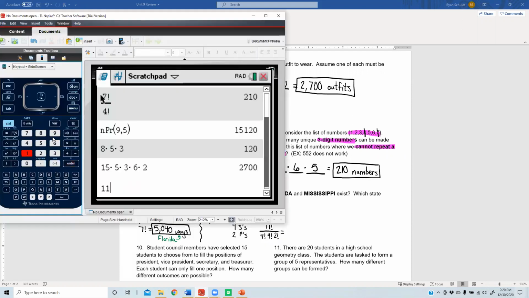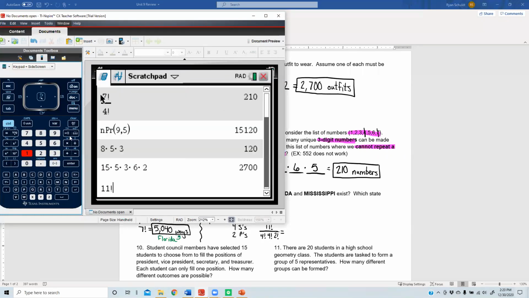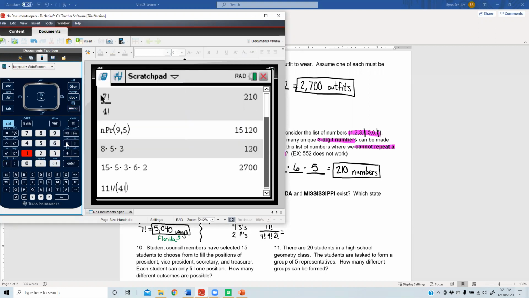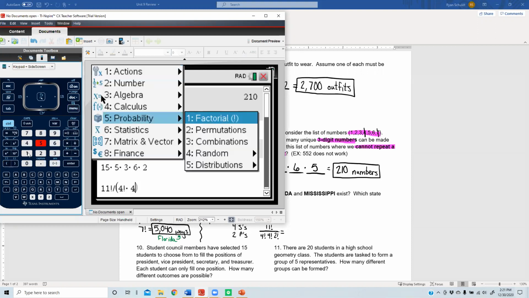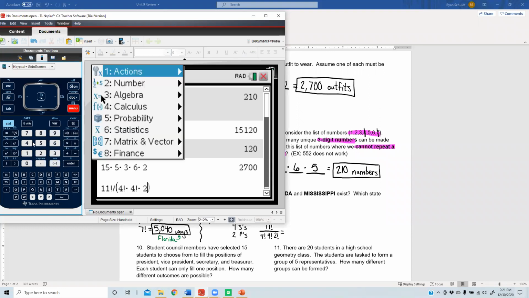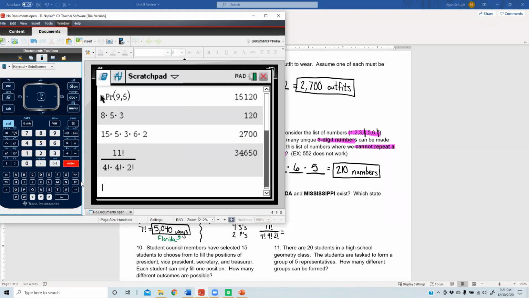So 11 factorial divided by, I'm going to have to open the parentheses, 4 factorial times 4 factorial times 2 factorial, and enter.